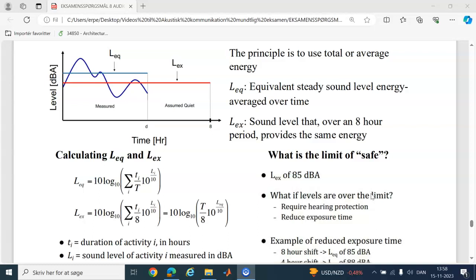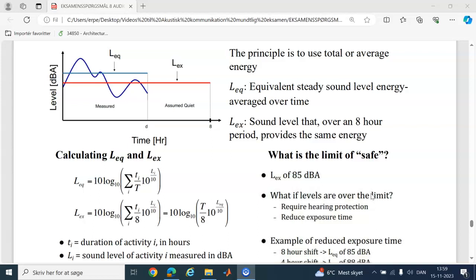What if the levels are over the limit? That could require hearing protection, or reducing exposure to noise. There are some mathematical expressions for LEQ and LEX.